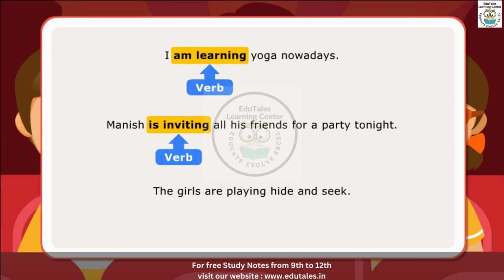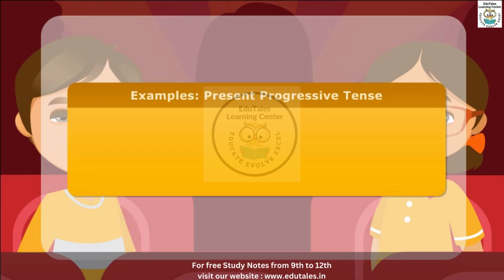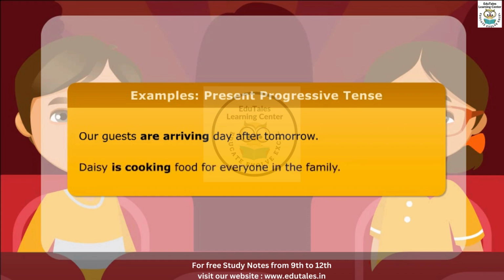In the third sentence, the verb are playing is again present progressive tense since it tells about an action going on at the time of speaking. Here are few more examples of use of present progressive tense. Our guests are arriving day after tomorrow. Daisy is cooking food for everyone in the family.